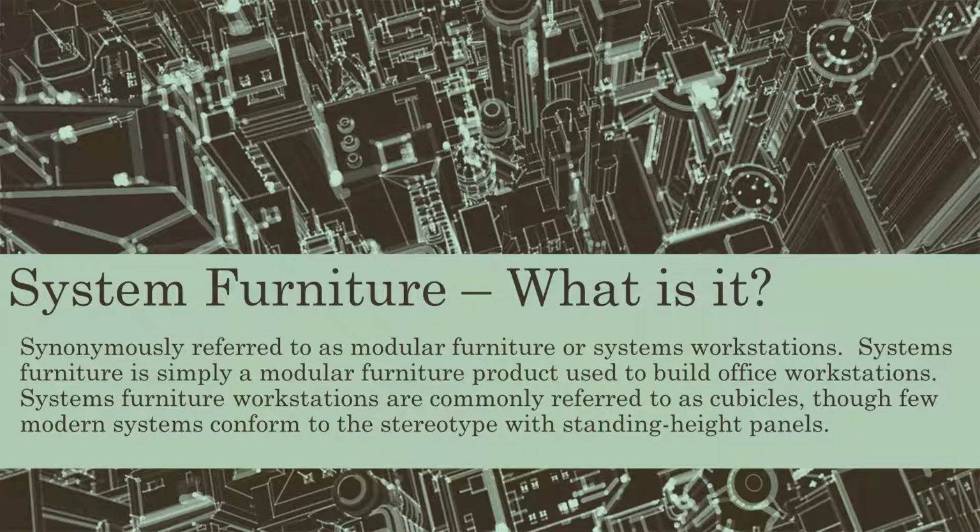Systems furniture workstations are commonly referred to as cubicles, though few modern systems conform to the stereotype with standing height walls. There are many companies out there that manufacture system furniture. There are all kinds of parts and pieces that can go into that system furniture.